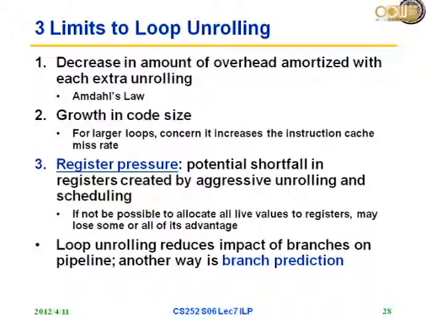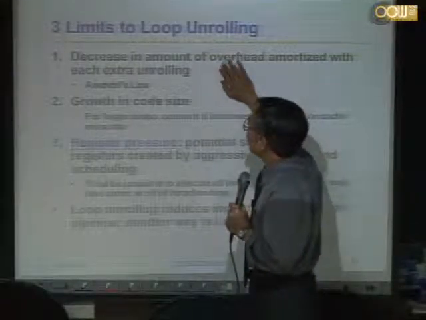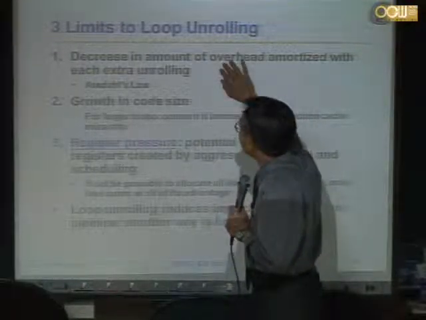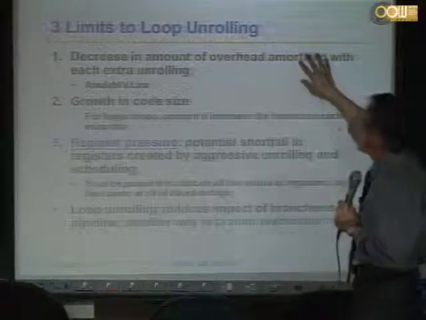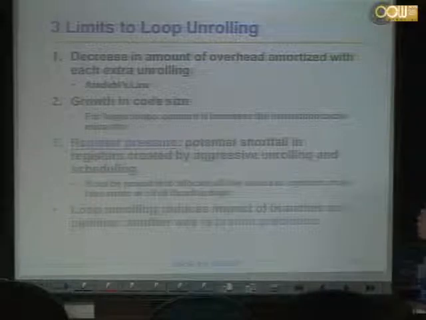Okay. Are there limits to unrolling? Yes. Okay, so there is still branch control overhead, loop control overhead, although it can now be amortized by more original iterations.